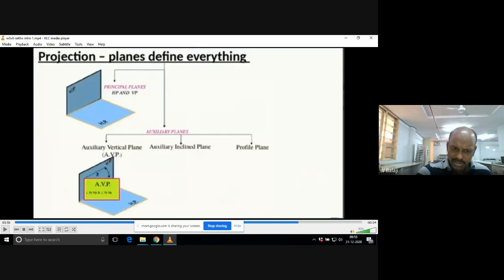At that time we have some auxiliary planes. Here I am showing you auxiliary planes. The first auxiliary plane is the auxiliary vertical plane, AVP. Remember AVP. Can you tell me this yellow colored auxiliary vertical plane is perpendicular to HP and inclined to VP? Am I right?